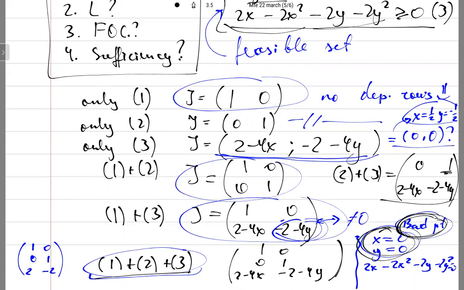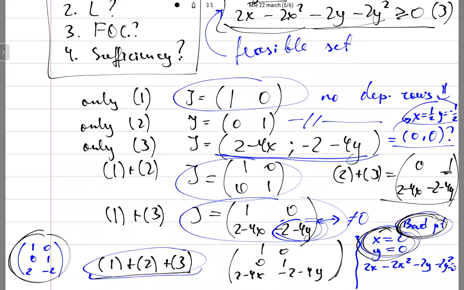Maybe in another problem we have no such point, then I will just say that DCQ holds, because this matrix obviously has a rank less than 3, but I need to provide a point where this happens. Okay.